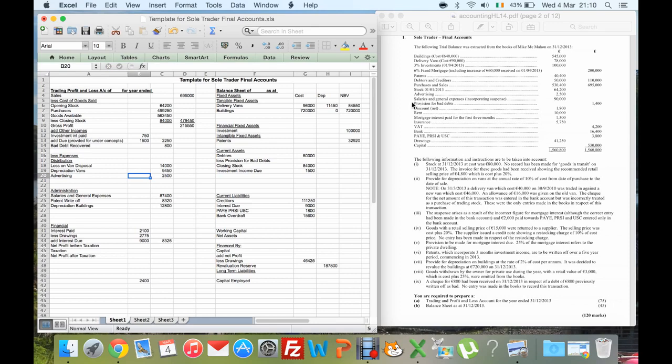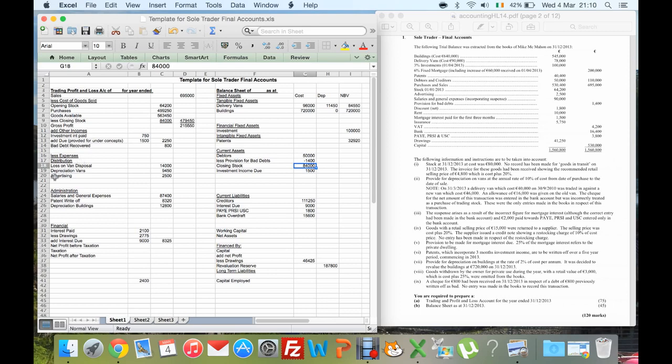And provision for bad debts is 1,400. So I'm going to put that in here. Discount net. Now, this discount is either an income or an expense, but because it's in the debit column, it must be an expense. So discounts is money let off customers.